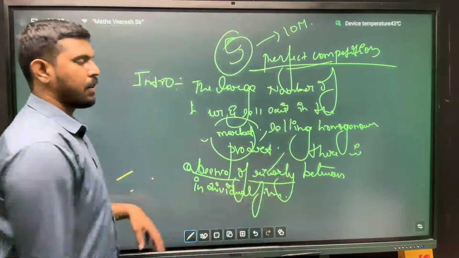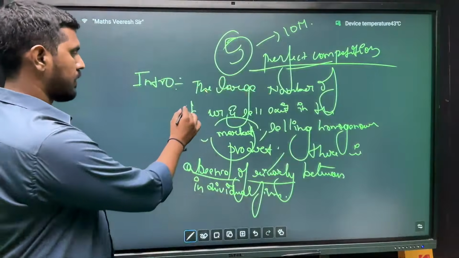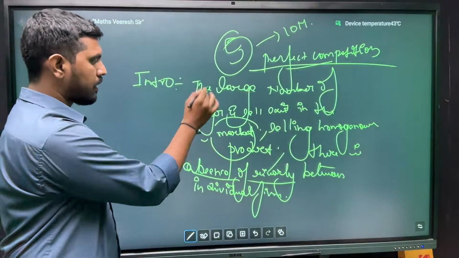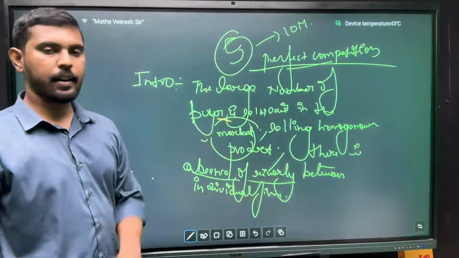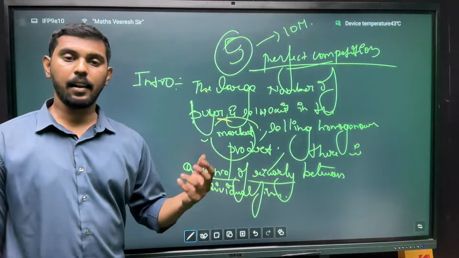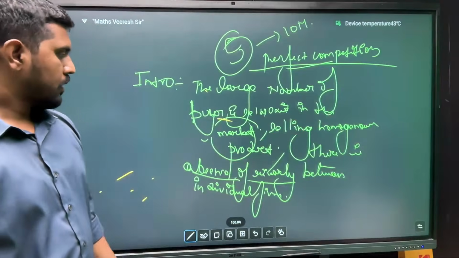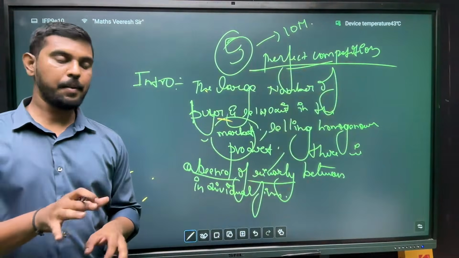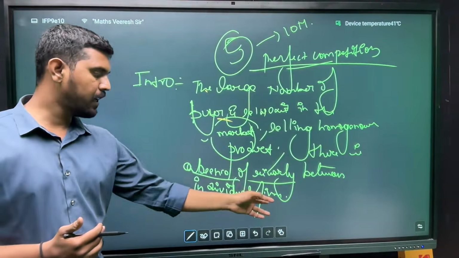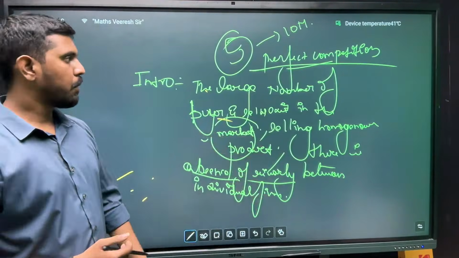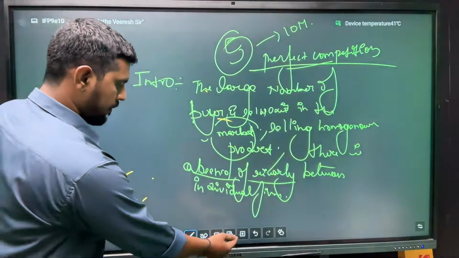Again, I'm explaining. Here in the market, a large number of buyers and sellers exist. They sell homogeneous product. So in the market, there is an absence of rivalry between individual firms. We'll be going to the table explanation and the graph explanation.